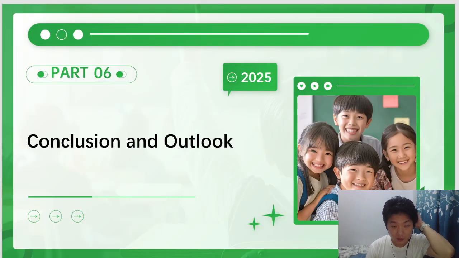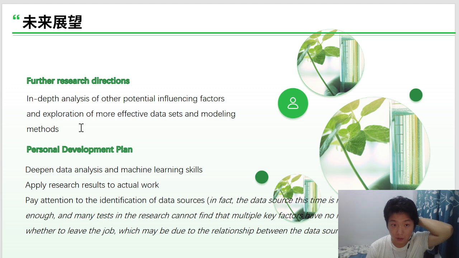Then is the conclusion and outlook, in which I would do an in-depth analysis of other potential influencing factors and employ a more effective data set and modeling method. If I have the chance in the future, I will get other data about the reason why employees leave.